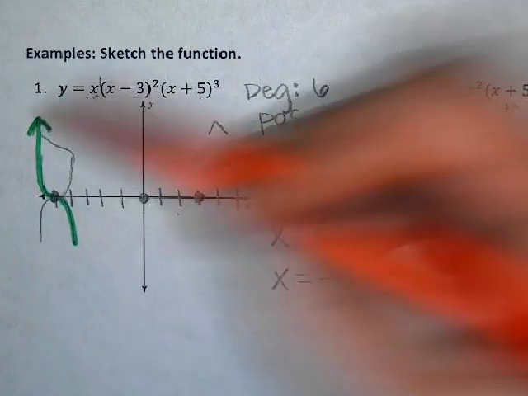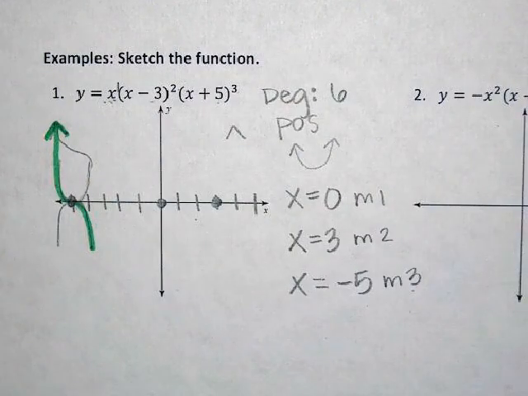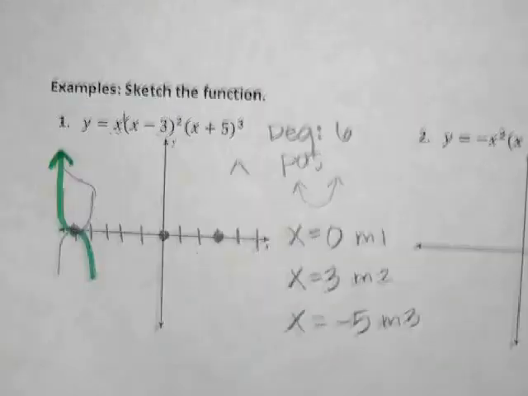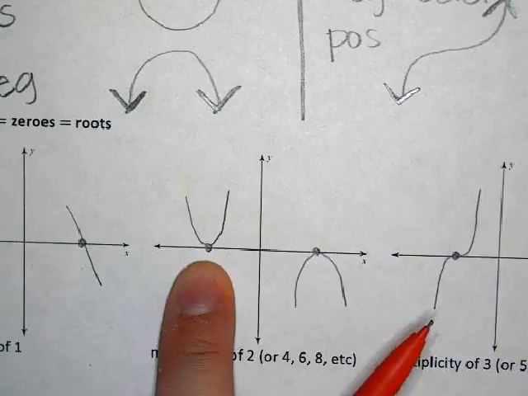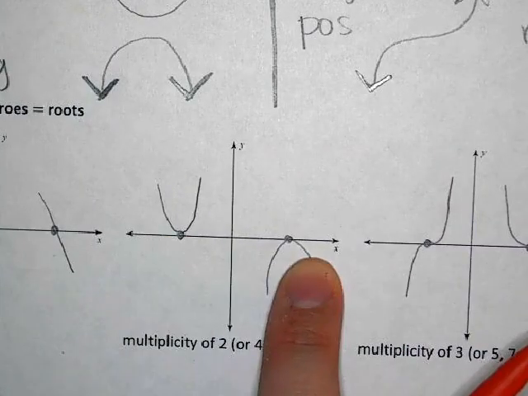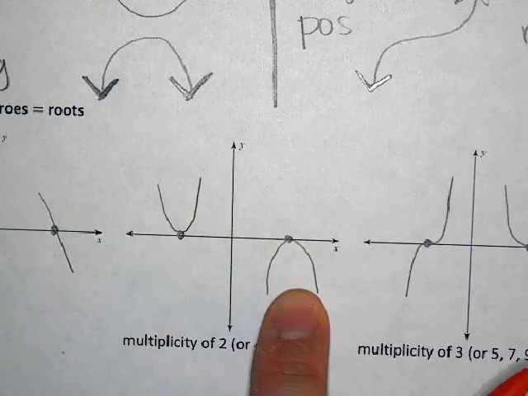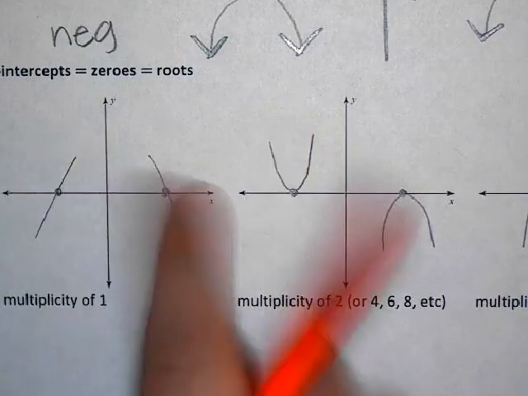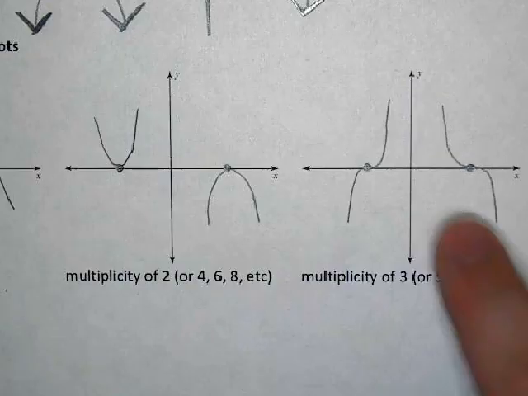Does that make sense? So when you do this, you're always going to have two options, because when we draw our multiplicities, for the bounce off the x-axis, we can bounce above, we can bounce below. For the straight through, we can go straight through this slant or this slant. When we have the squiggle through, we can go up, level off, go up, or we can go down, level off, go down.